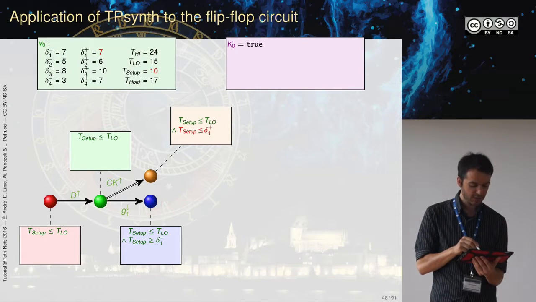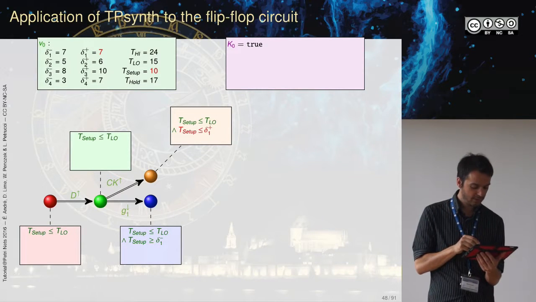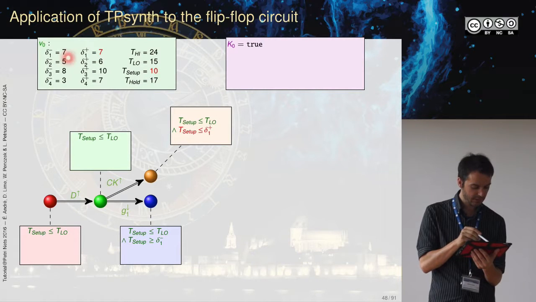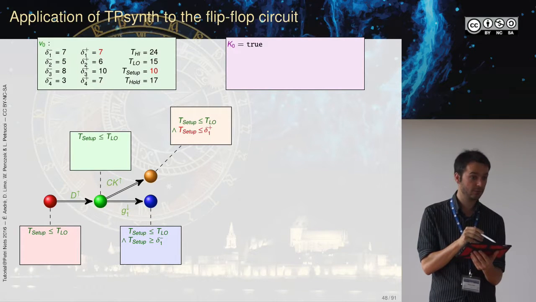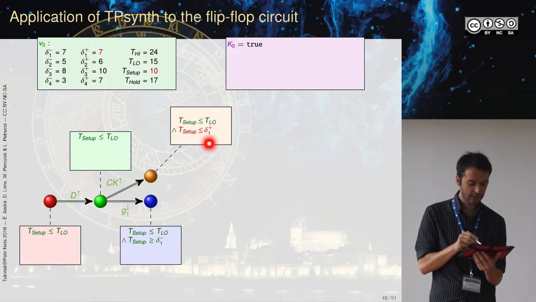Here I can reach a blue state if T setup is smaller than TLO. T setup is 10, TLO is 15, so this is true. And I can reach it if T setup is greater than delta 1 minus; T setup is 10 and delta 1 minus is 7. This is again true. However, for this constraint, the second inequality is not true: T setup smaller or equal to delta 1 plus. We have 10 smaller or equal to 7.